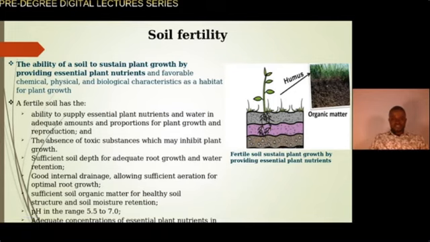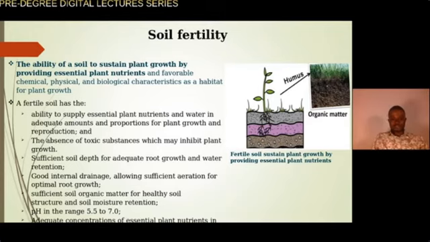So a fertile soil must have an internal drainage system. The space and pores must be large enough to allow sufficient penetration of the root system.